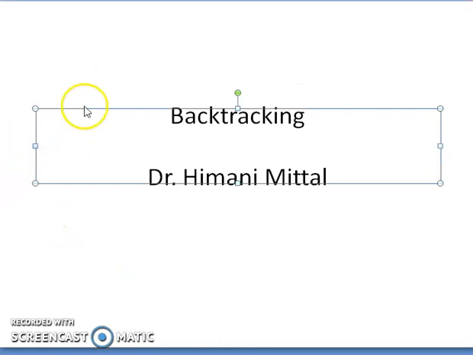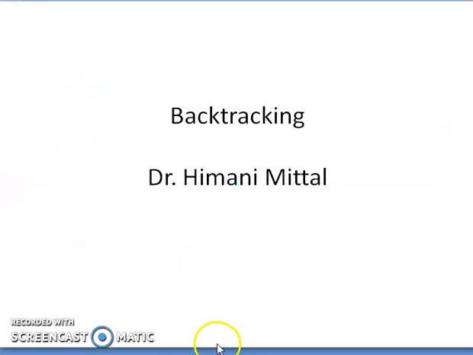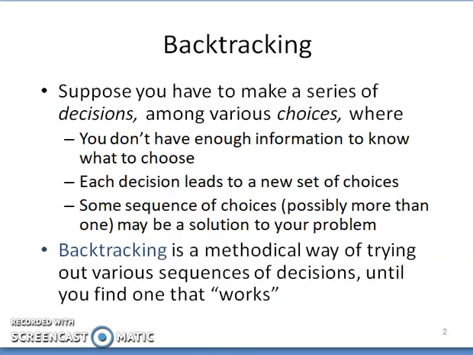So now let us look at the detailed PPT that we have with us. So in backtracking, you have to make a series of choices, and you do not have enough information about which option you should choose.